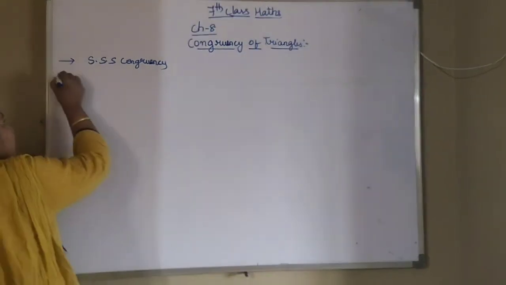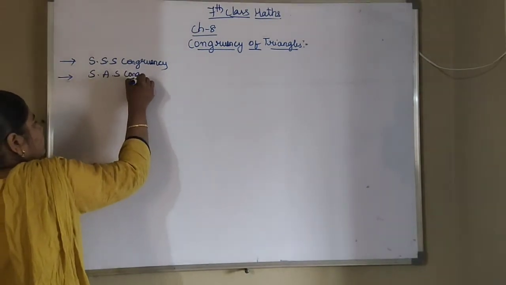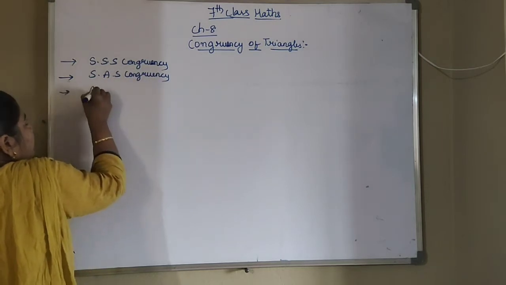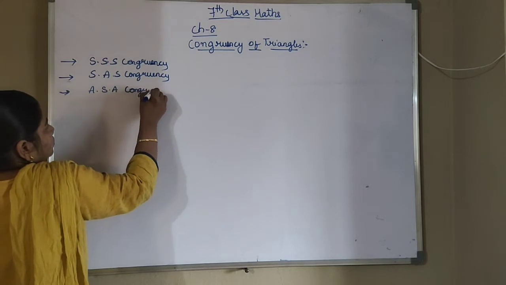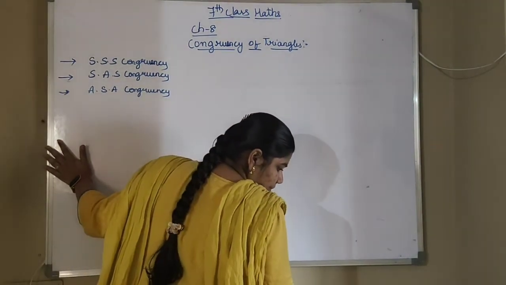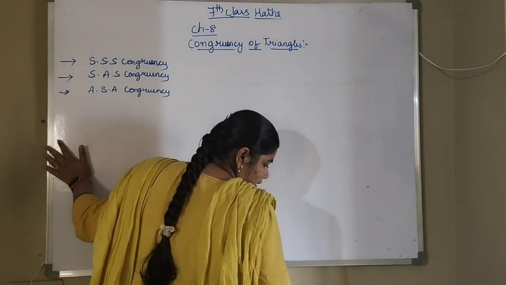Next one is SAS congruency. Next one is ASA congruency, which is angle, side, angle.